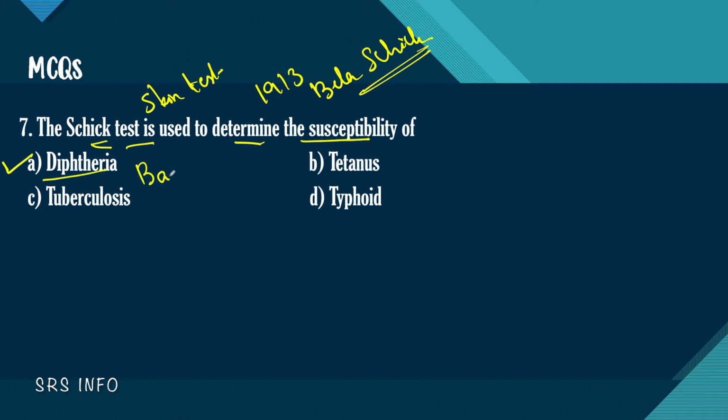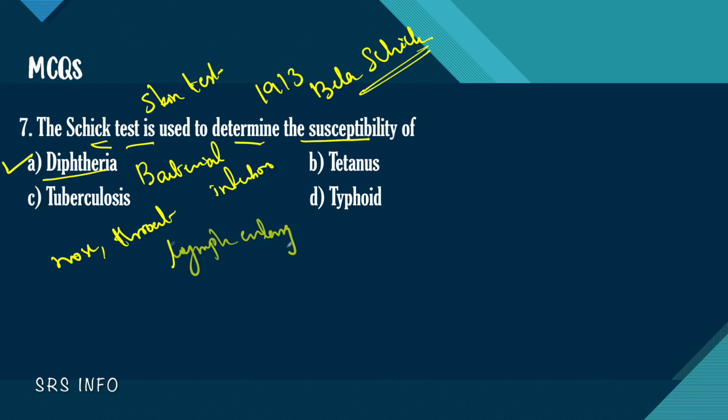Diphtheria is a bacterial infection of the throat and nose. The neck may swell due to enlarged lymph nodes, which is one of the major symptoms. This is a very dangerous bacterial infection, and it spreads among people by direct contact through air.